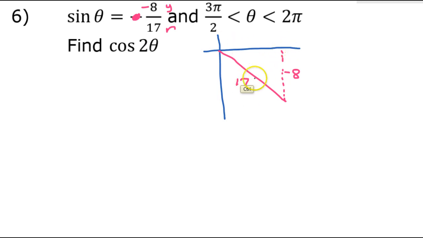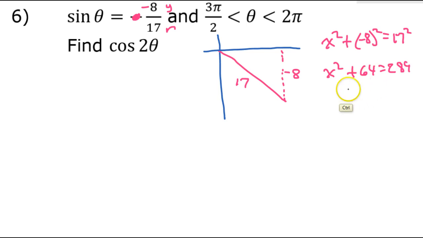So I need to know the x. So I'm going to do a quick Pythagorean theorem. I can almost remember what this other one is, but I'm going to go ahead and do it. So it's going to be x squared plus y squared is equal to the radius squared. So that's going to be x squared plus 64 is equal to 289.